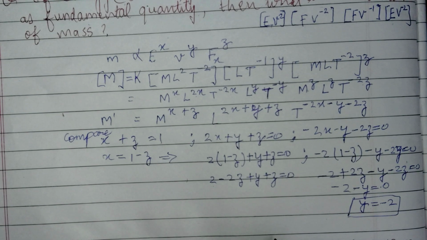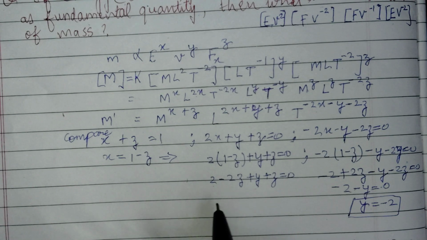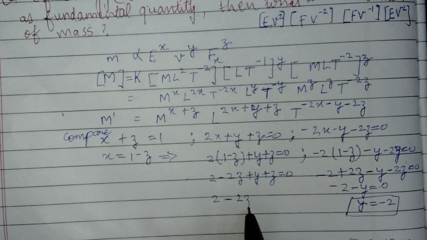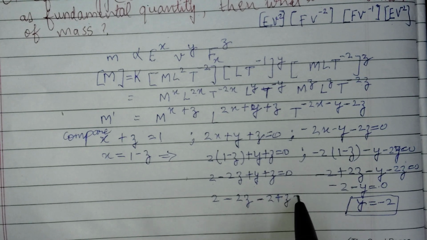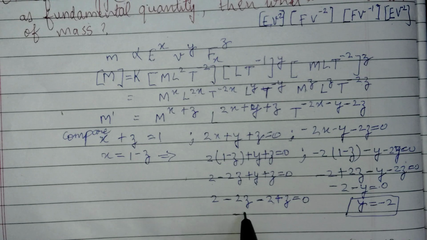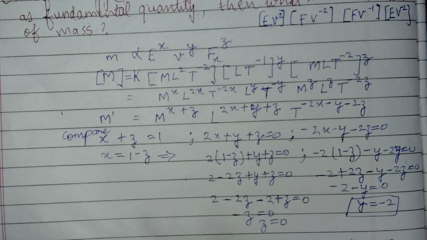After getting y, we plug this y into the second equation. So 2 minus 2z, y value is minus 2, plus z equal to 0. So minus 2 plus 2 becomes 0, and minus 2z plus z gives us minus z equal to 0, which means z equals 0.